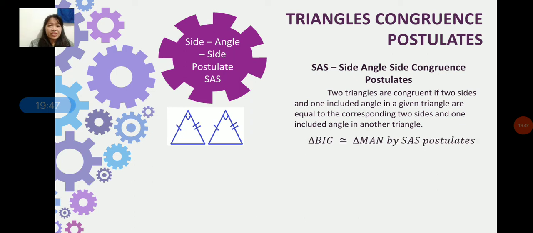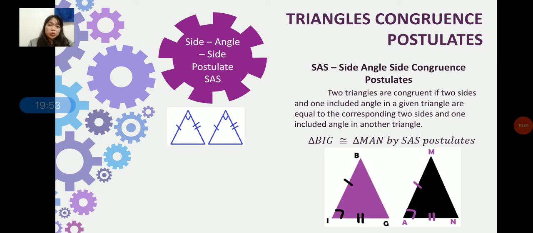We have triangle BIG congruent to triangle MAN by SAS. If we look at the figure, see those markings? I hope you had an idea. So in here, we have side BI congruent to side MA. And after the side BI, we will have angle I congruent to, oh, I hear someone speak.